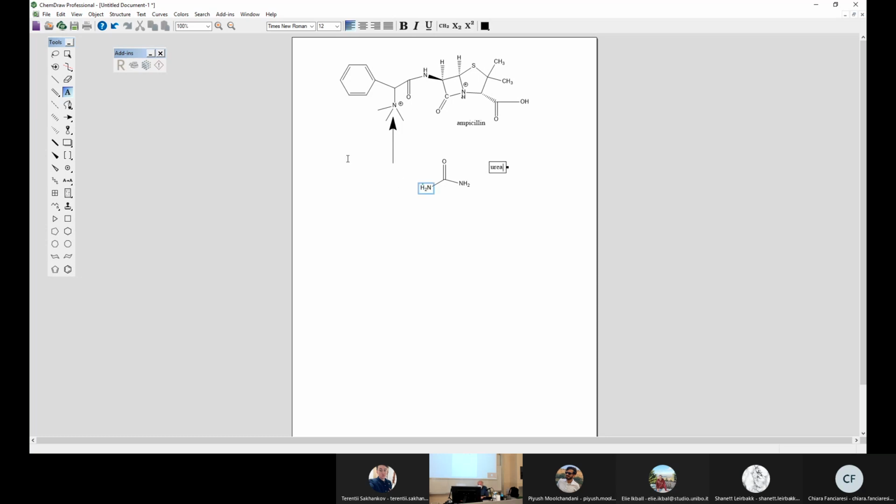And they introduced this residue here on the side chain.